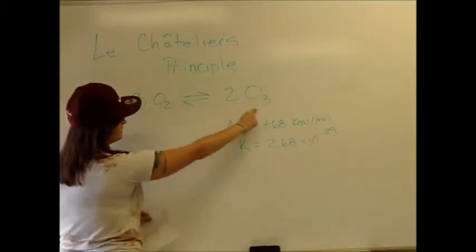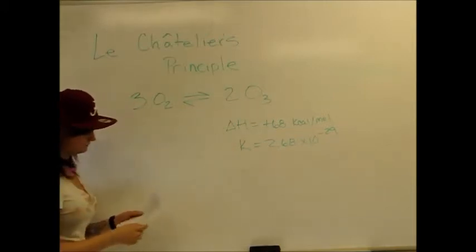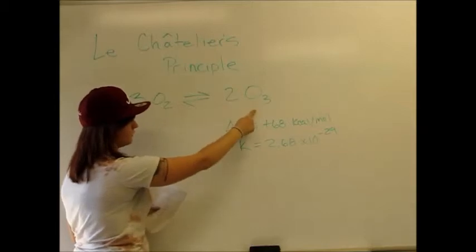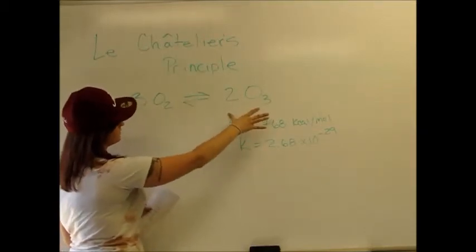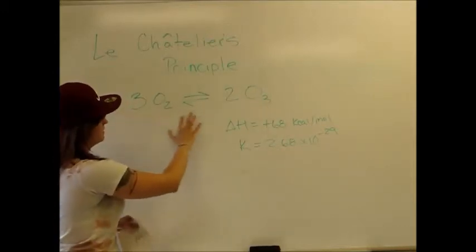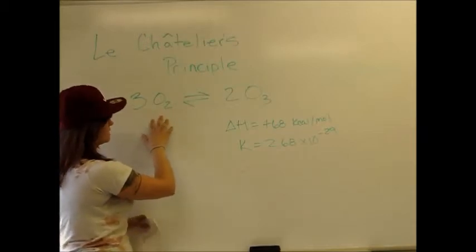So C2 is, again, favoring the products or the ozone side. C3 says if we increase the concentration of ozone, or O3, what's going to happen? Well, same thing as the last one. Now we have all this extra weight on this side, so we have to send some of it this way. So it means that we're favoring the reactants, or the O2, the oxygen.